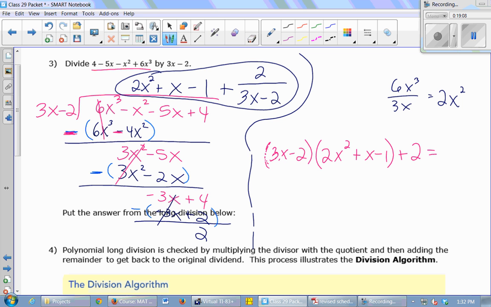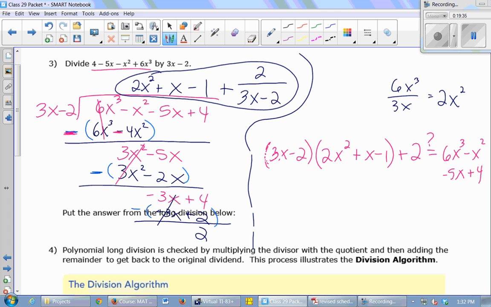That should give me my original dividend, the 6x cubed minus x squared minus 5x plus 4 polynomial. So you can check by multiplying this out, right? Simplifying the left-hand side. Are these equal? That is how you check. Divisor times quotient plus remainder should equal dividend.